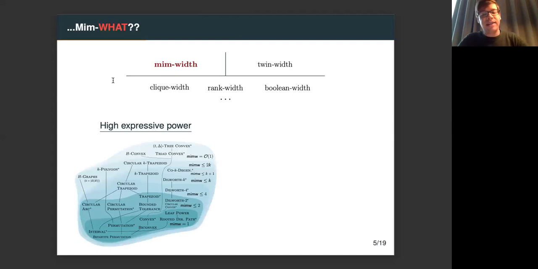And you can see that by the fact that many well-studied graph classes actually have constant mim-width. So if you look at all of these graph classes here, their mim-width is bounded by some constant. And it's interesting to note that even interval graphs and bipartite permutation graphs down here already contain graphs of unbounded clique-width.